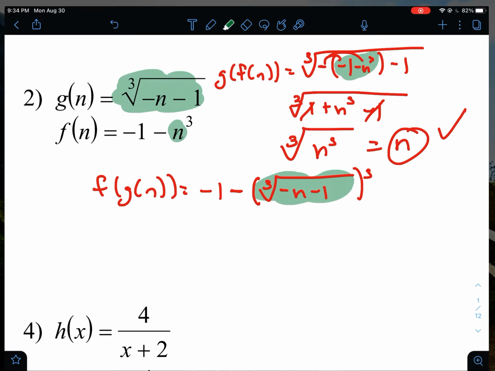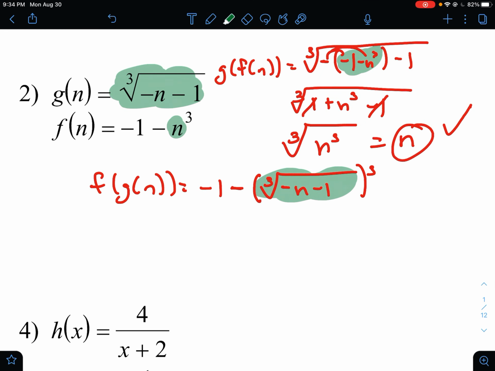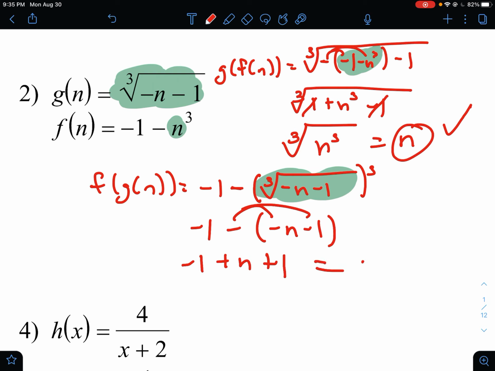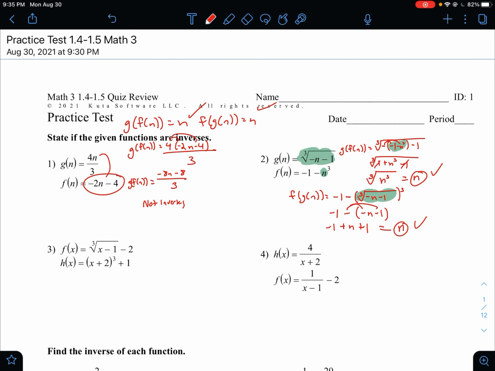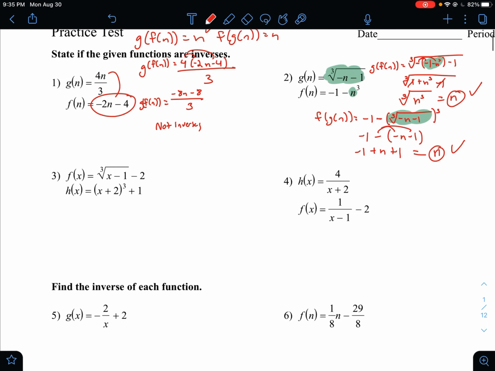Oh, whoopsies. So then the cube cancels out my cube root, so I get negative 1 minus, and then in parentheses, I got negative n minus 1, because that just popped out of that radical. So then I got to go ahead and distribute this, and I got negative 1 plus n plus 1, which gives me n. All right, so you will need to show these steps on your quiz, that you know how to plug this in and see if they're inverses.